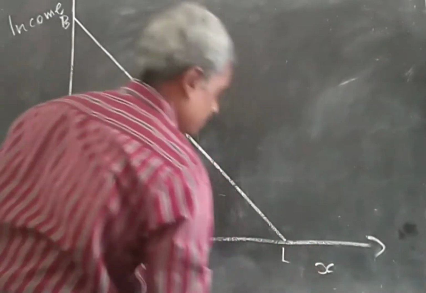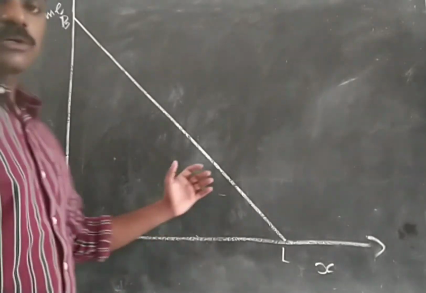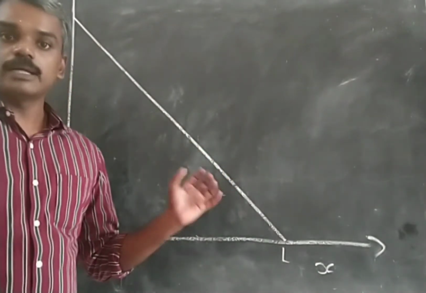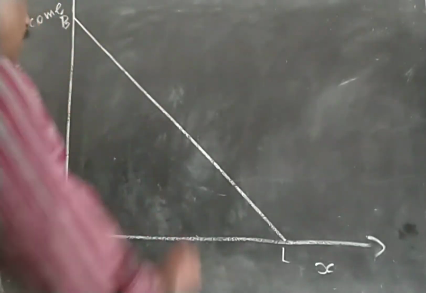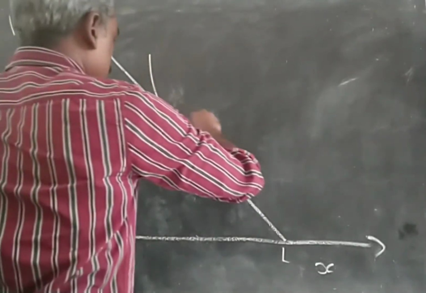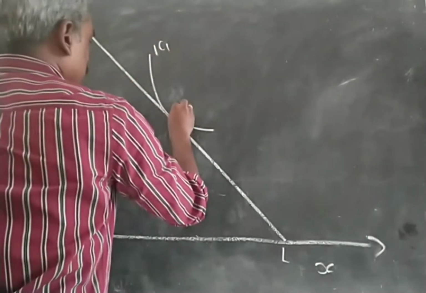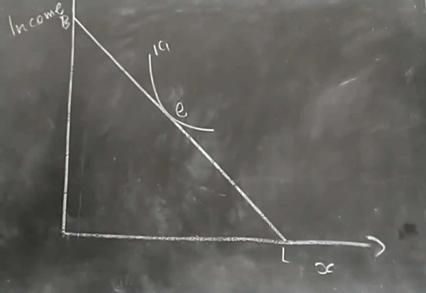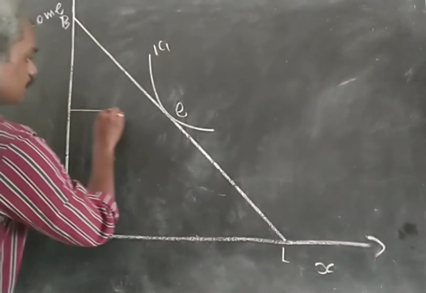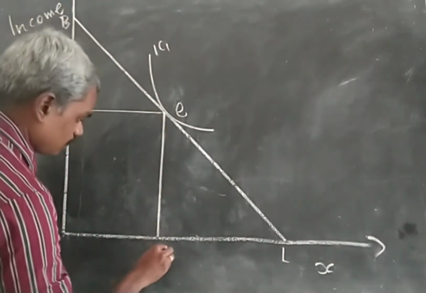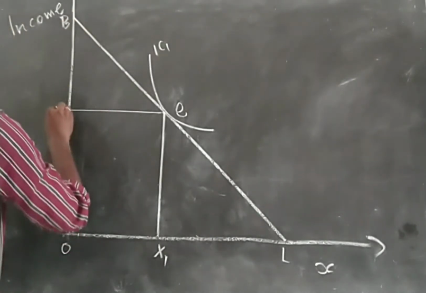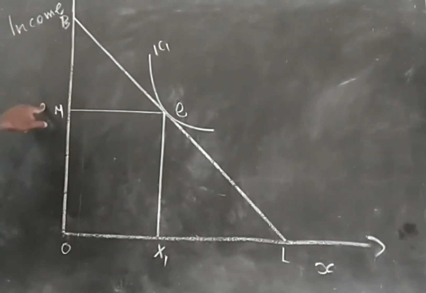This is the budget line which shows the different quantities of commodity X and money that the consumer can buy by spending all his available income. Now, the consumer will be in equilibrium at point E on this indifference curve IC1, and he will be consuming OX1 of X and spending BM of money.